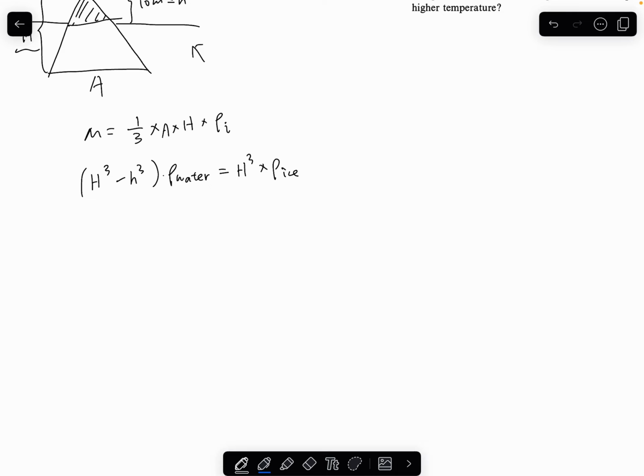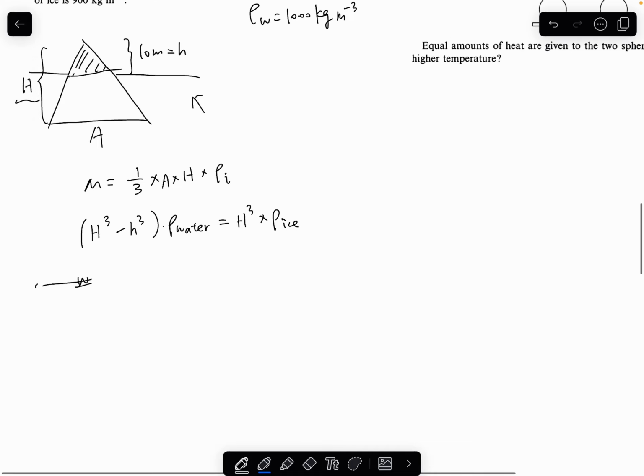Now we calculate the oscillation equation. So we assume that it has a small deviation from the balanced position of x.